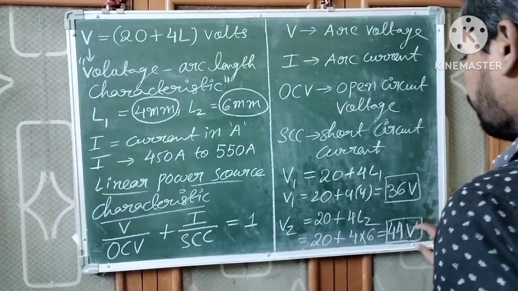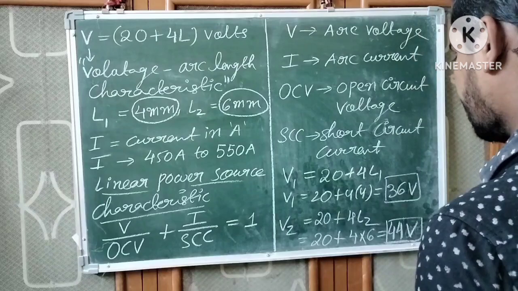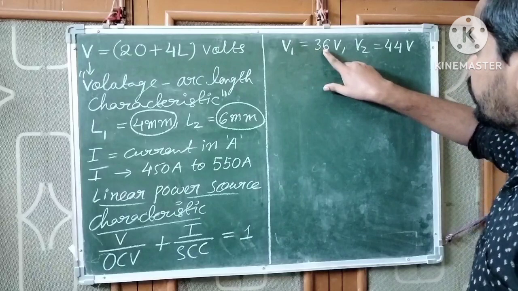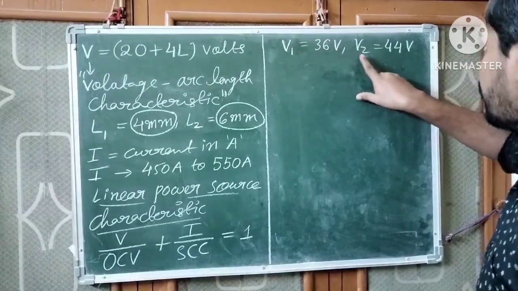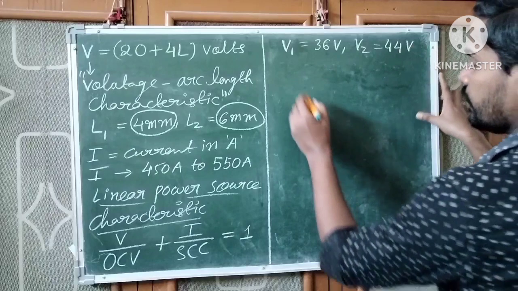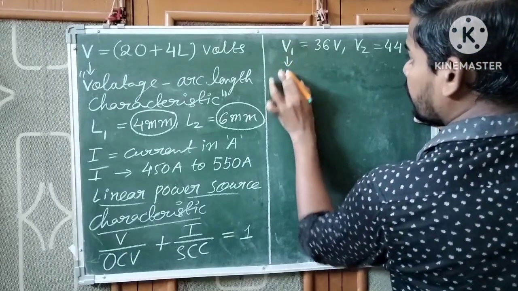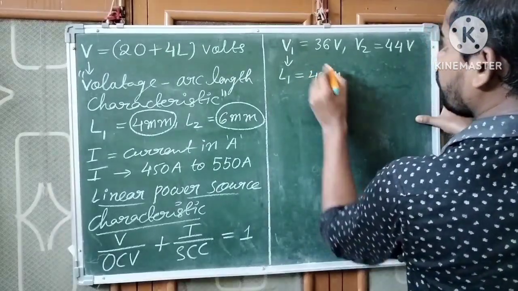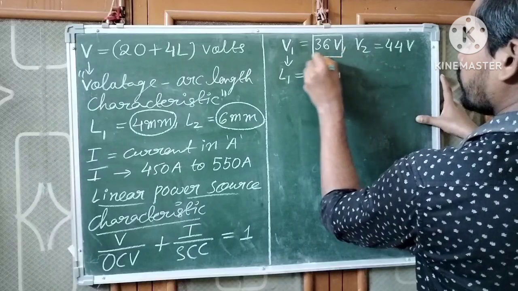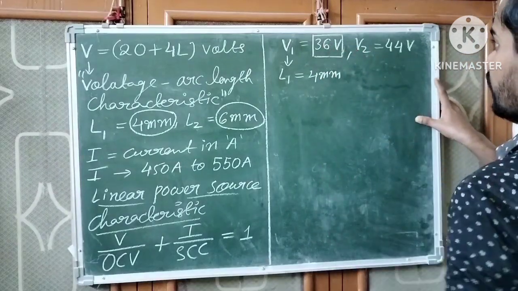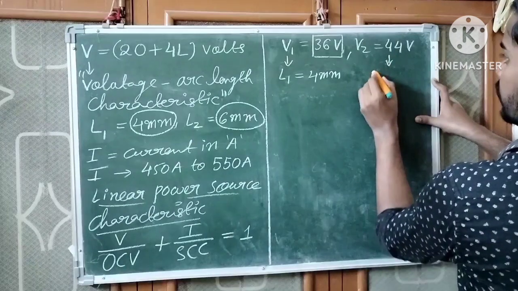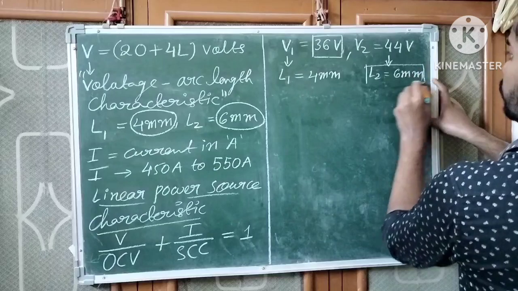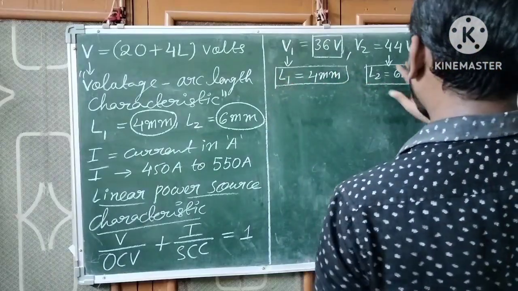So in the last step we have got V1 equal to 36 volts and V2 equal to 44 volts. To produce an arc length L1 of 4 mm we have to supply 36 volts, and to produce 6 mm arc length we need 44 volts.